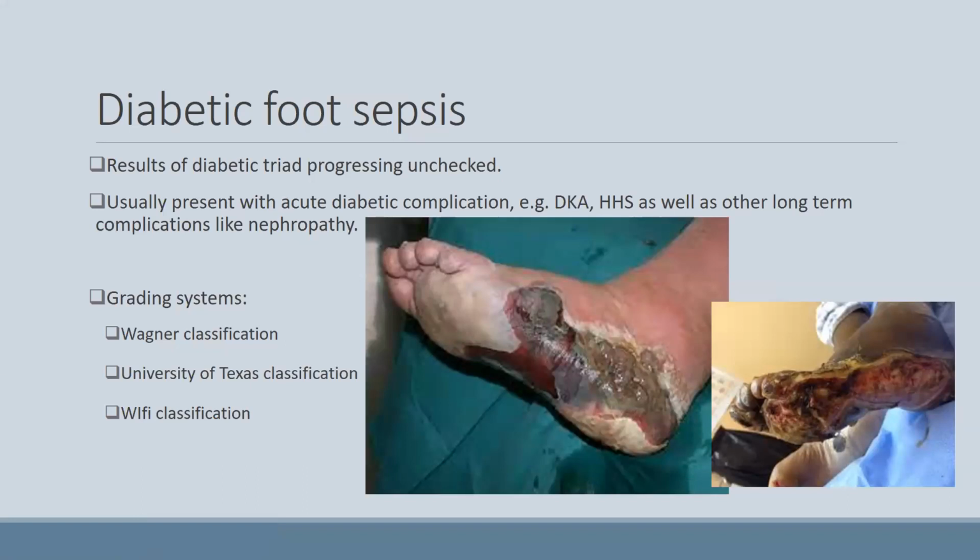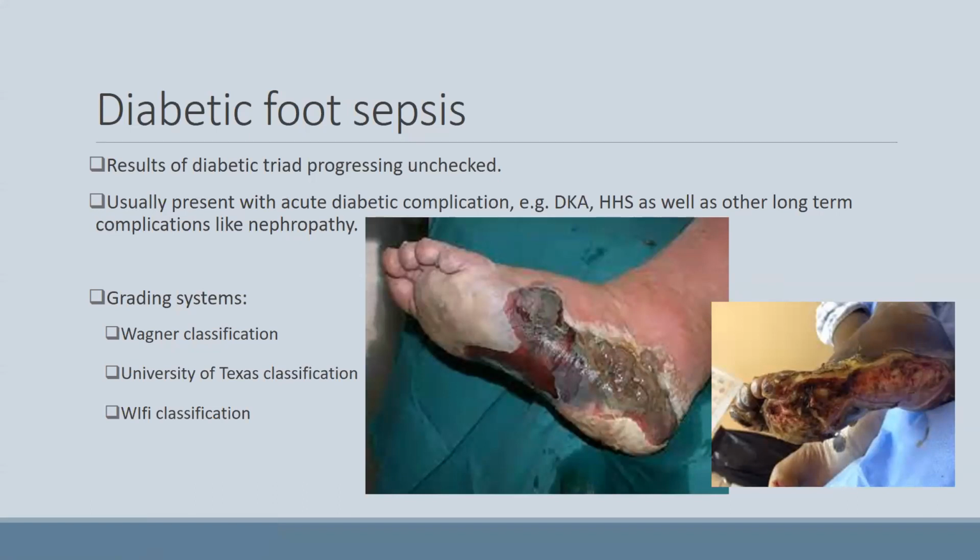And besides the diabetic foot sepsis, they also have other long-term complications of diabetes. This patient may have ischemic heart disease, they may have nephropathy, they may already have history of stroke and all of that, which makes the management of the patient complicated.